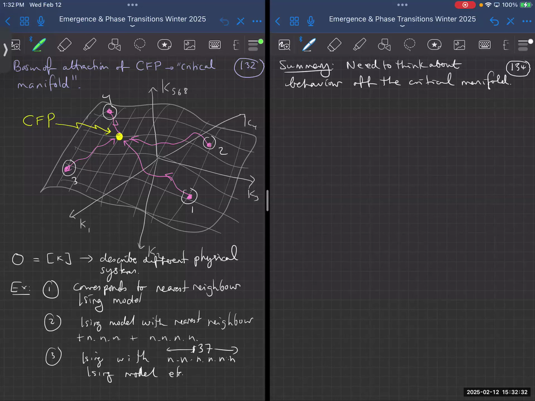And they flow to the same critical fixed point because they're in the same basin of attraction of the same critical fixed point. So they will have the same critical exponents, supposedly, at least the ones that correspond to criticality.